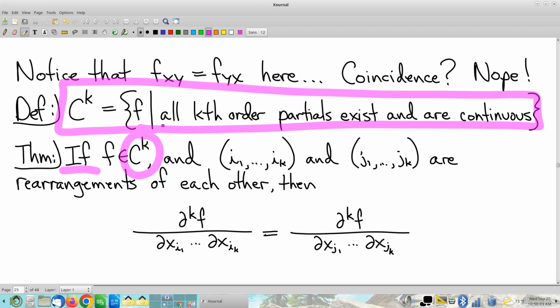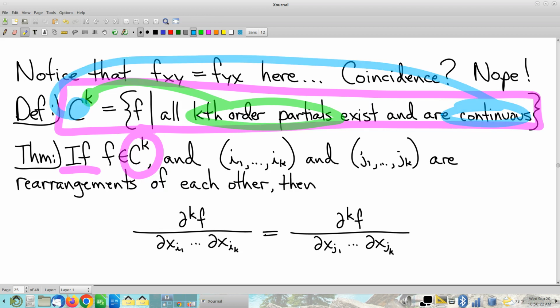And the C stands for the fact that I need all of these kth order partials to be continuous. Again, it's just a notational choice. k is a reference to kth order partials, and C is a reference to them having to exist and be continuous. So a lot of functions are C^k for various different values of k.